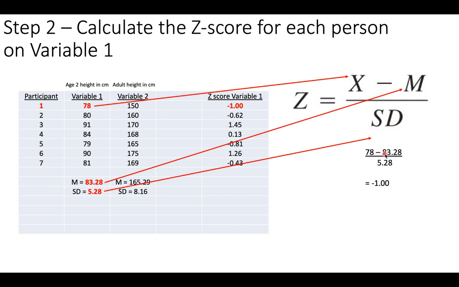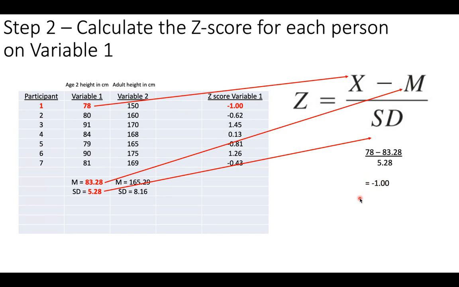We get 78 minus 83.28 divided by 5.28 to give me a z-score of negative 1.00 for participant 1, variable 1. Notice this person was below the average height as a 2-year-old, right? The average height was 83.28 centimeters. They were 78 centimeters tall as a 2-year-old. So they're below the average, and so that's why we get this negative sign.